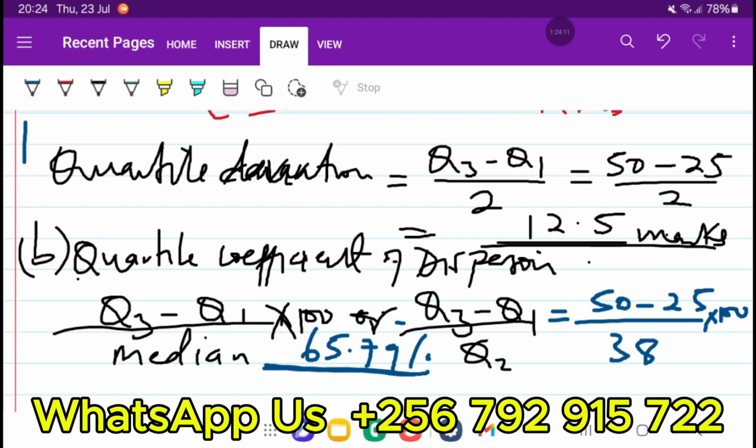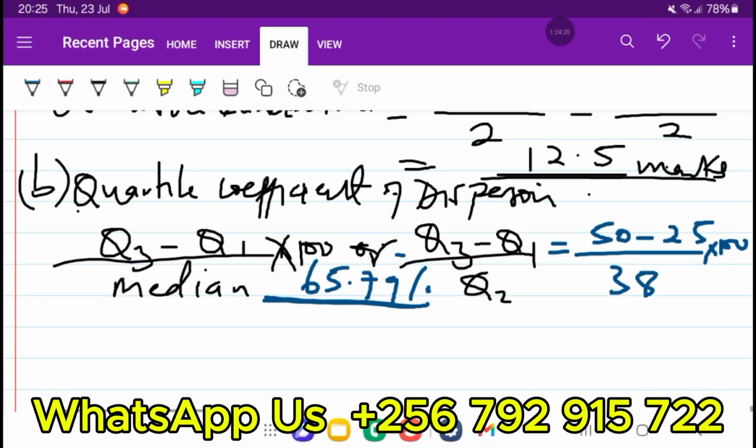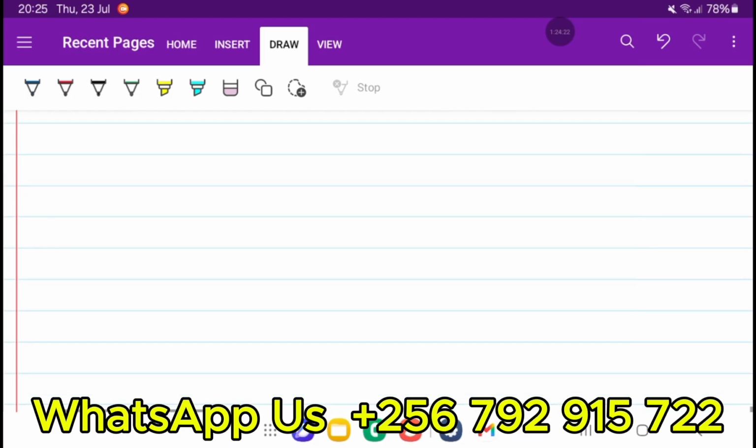I hope you know how to interpret this kind of data. It's not a matter of discussing and understanding what we have computed, but analyzing the data is what is more important.